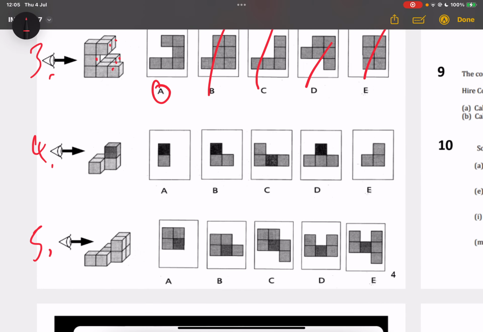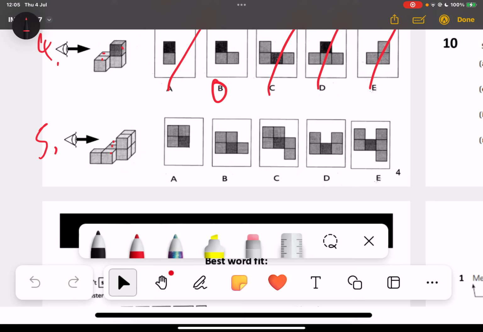4. So with 4, we have a darker shape at the top, and then we have 2 at the bottom. So we need 2 at the bottom, so we can cross out A, C, and D. Then we're expecting 1 darker shape on the second level and on the left. So we can cross out E, and 4 will be B. 5. So 5, we have 3 shapes on the bottom level.